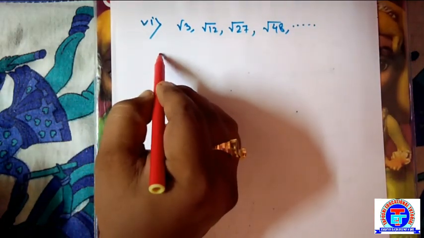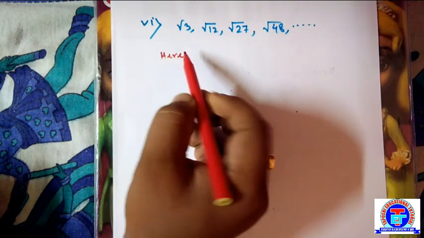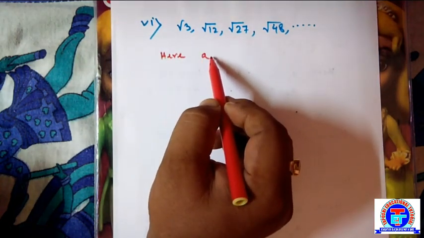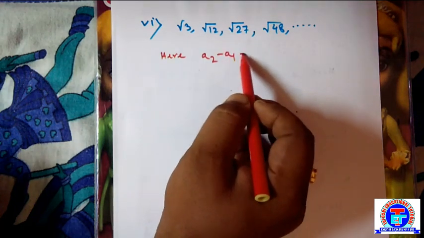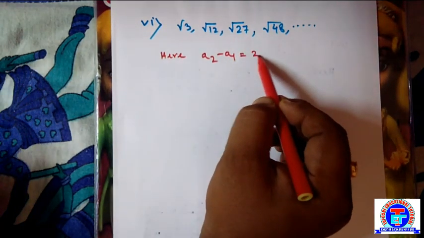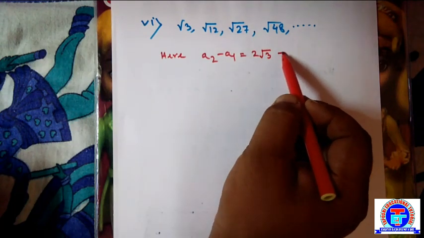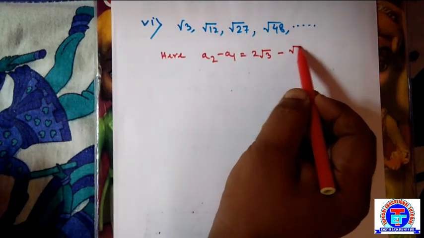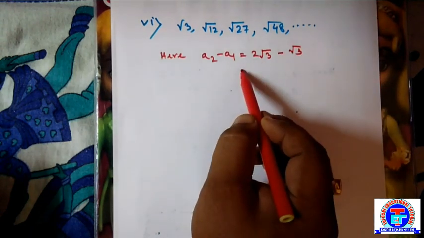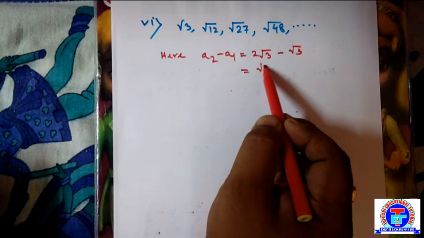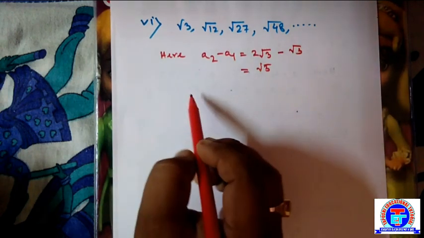So here we find out A2 minus A1 is equal to 2 root 3 minus root 3, which is equal to root 3. Right?